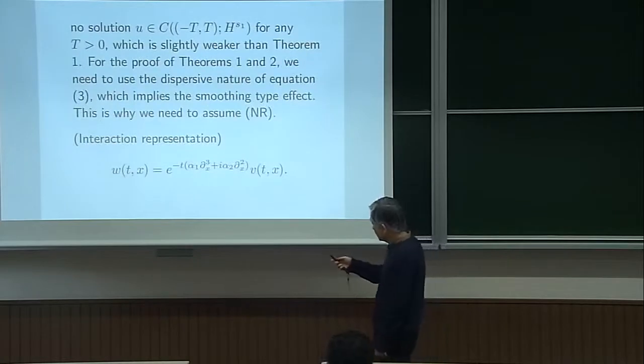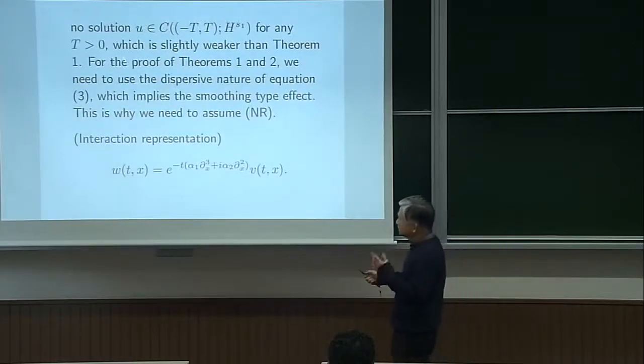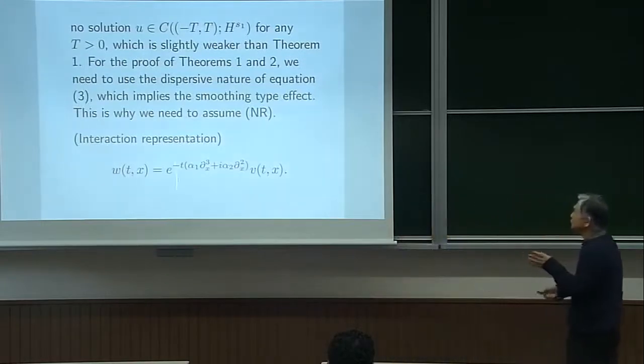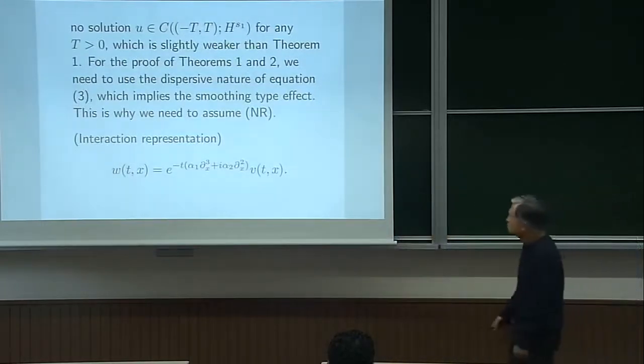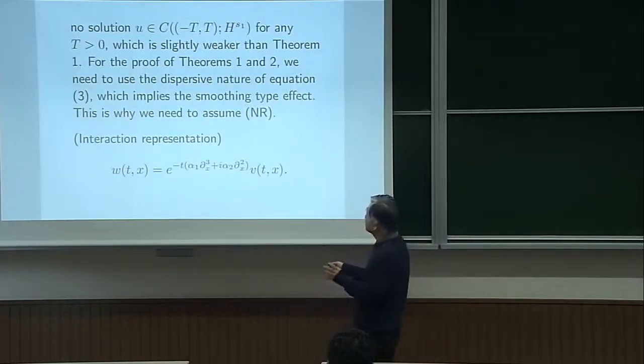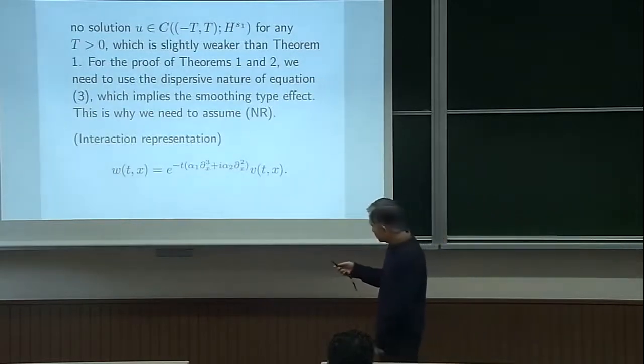Now I would like to emphasize that the ill-posedness proved by the elliptic regularity usually says this type of result. That is, the initial datum is an interior point of the time interval. So in this respect, our theorem 1 is stronger than the usual elliptic ill-posedness result.